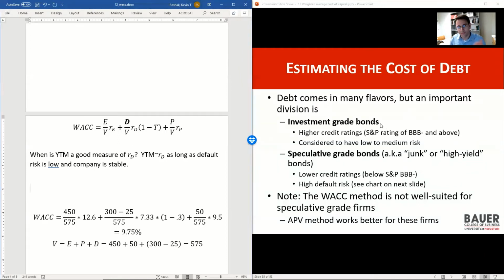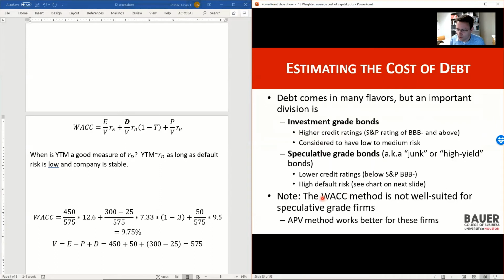So it's worth breaking down a little bit and talking about the difference between investment grade bonds, which are bonds issued by companies that are very safe. They've got high credit ratings or very, very low default risk, versus what's called junk debt. As the name suggests, there's a high probability of default. Sometimes these are called high yield debts because there's a high risk of bankruptcy, so the yield to maturity goes up because of that.